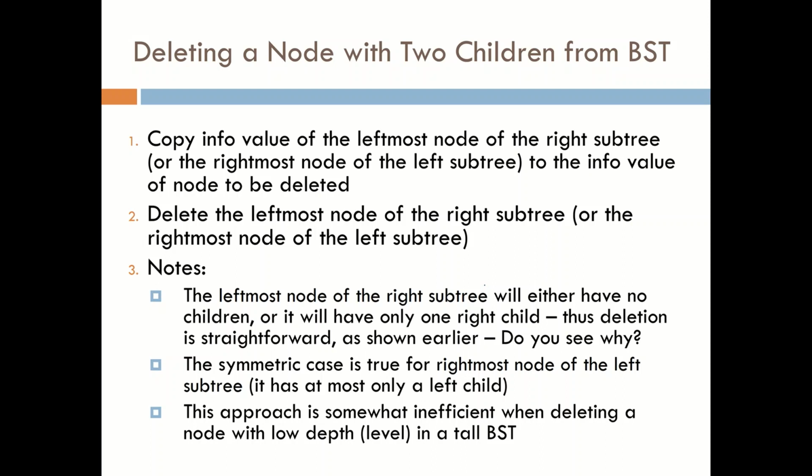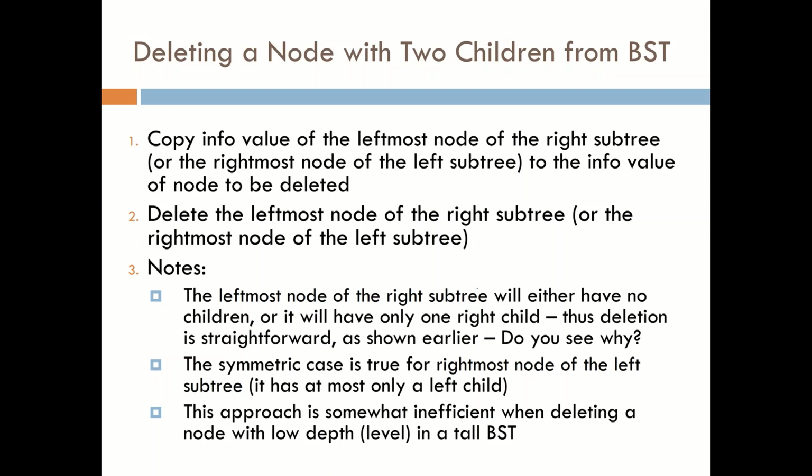or the rightmost node of the left subtree, in both of these cases, these nodes have at most one child, okay? And hopefully you can see that, because if I could travel further left, then that means I'm not at the leftmost node of the right subtree, right?